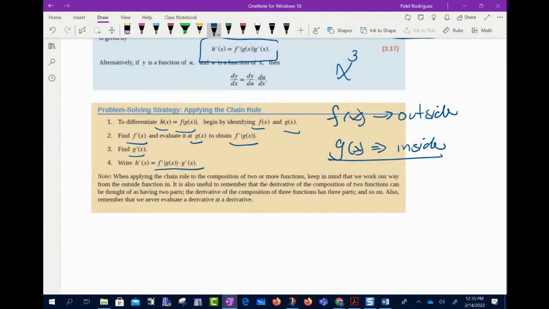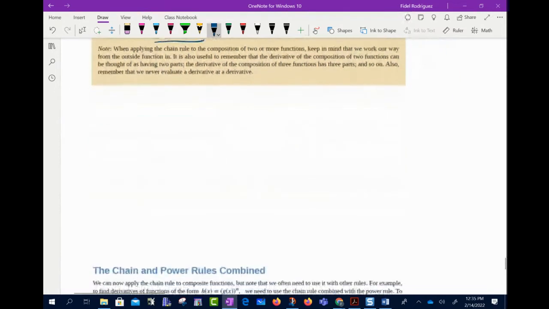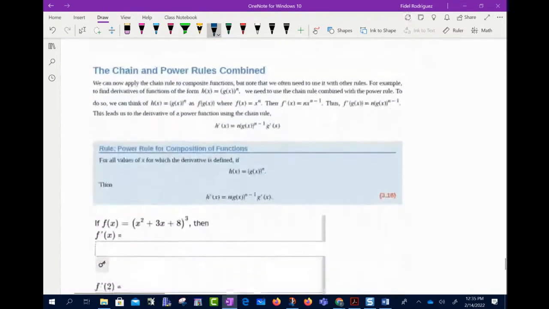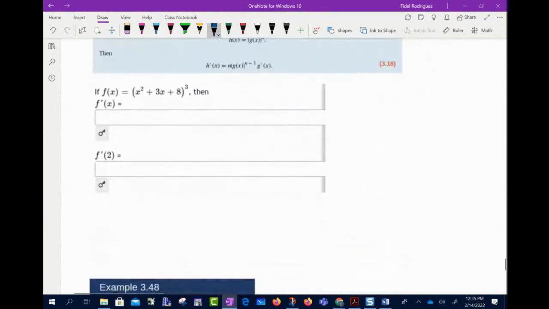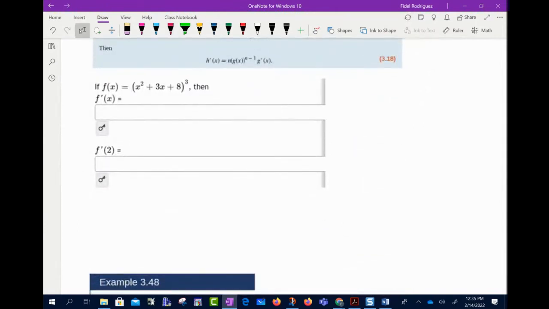So look, we're going to go through a problem so that we hopefully understand what's going on here, okay? So let me scroll a little bit here, and here we go. Okay, so here's my function. It says f of x equals x squared plus 3x plus 8, and all of that is being raised to the third power, okay? We want to find the derivative of this.